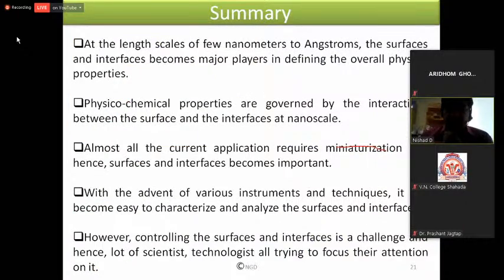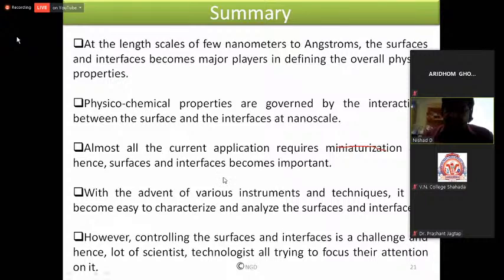Likewise, I would like to sum up this talk: at length scales of nanometers, the surface and interface are going to play a major role in defining overall physical properties. Not only physical, but I will say that physicochemical properties will be governed by the interactions at the surfaces. And now, as we are going to miniaturize all the devices, surfaces and interfaces will become an important part of our study.